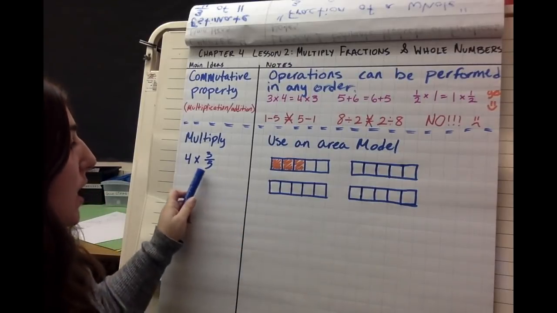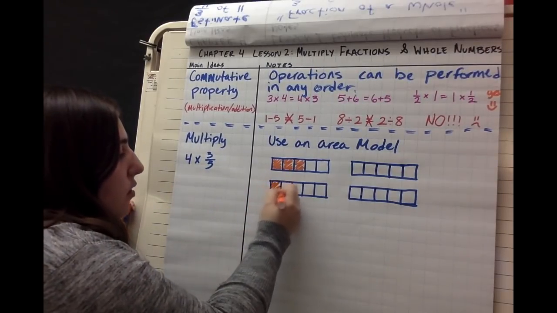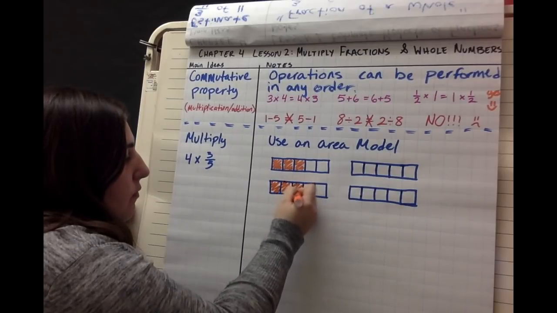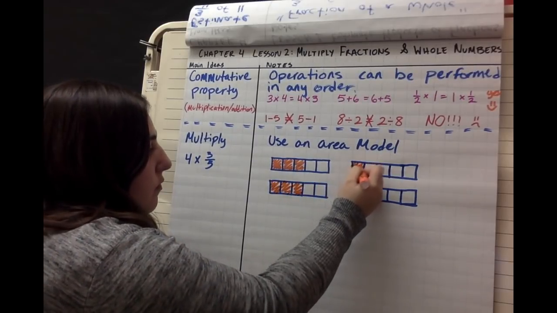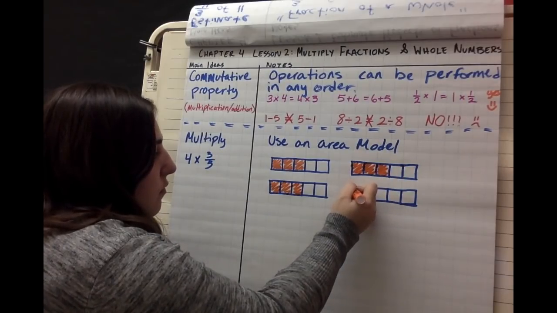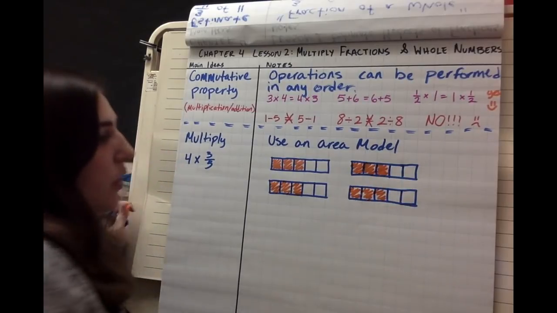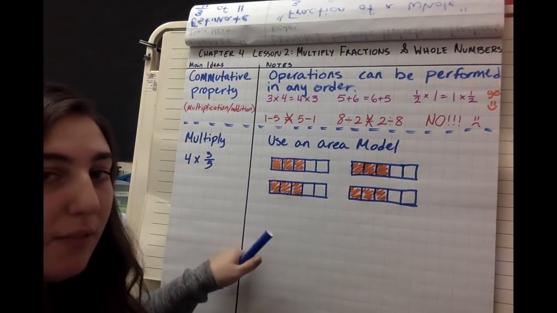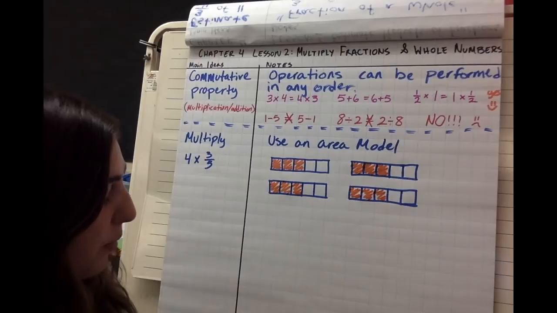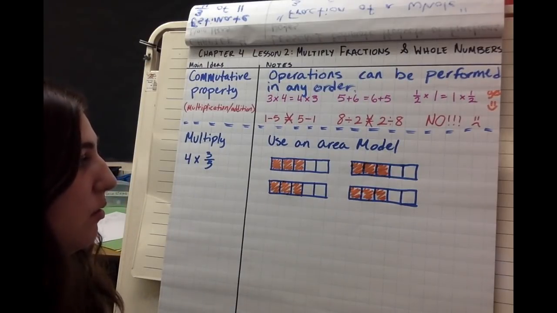Now I just need to shade in the 3/5. Okay, so I shaded in 3/5 in each bar, but I want to know how many that adds up to.